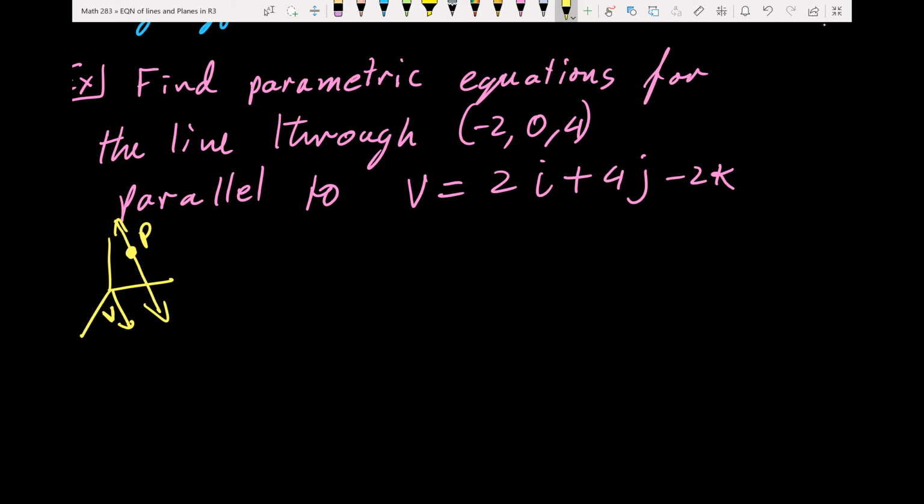The x of the point is going to be negative 2 plus 2t. y is going to be just 4t.